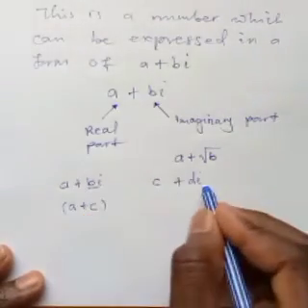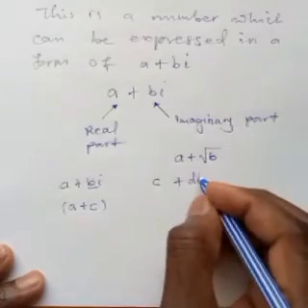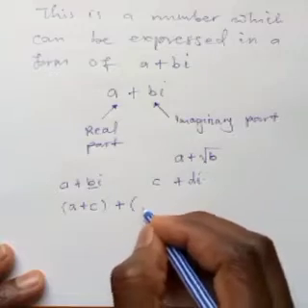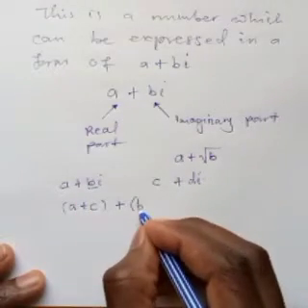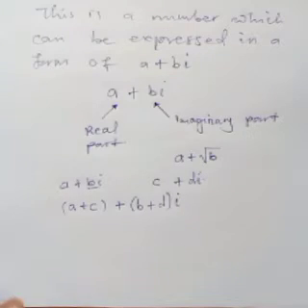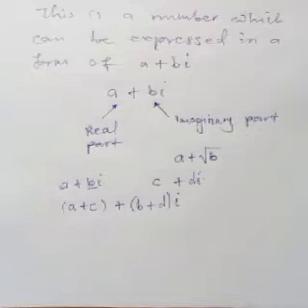If you add this and that, since i is common, you can just write it like this: plus, open bracket, then I add b plus d, then I put i outside the brackets to show that it is common. The i and i are common, but these numbers can just be added.